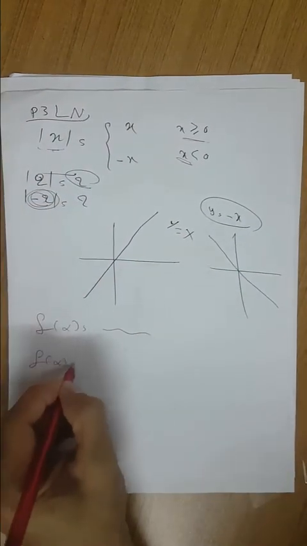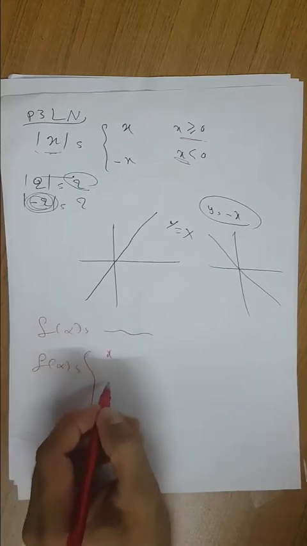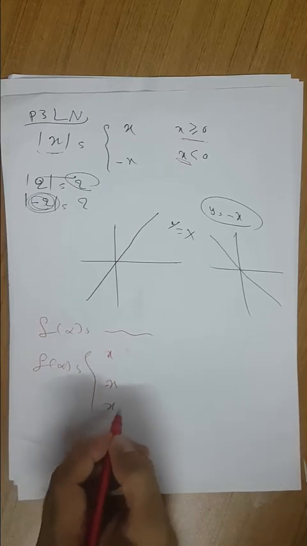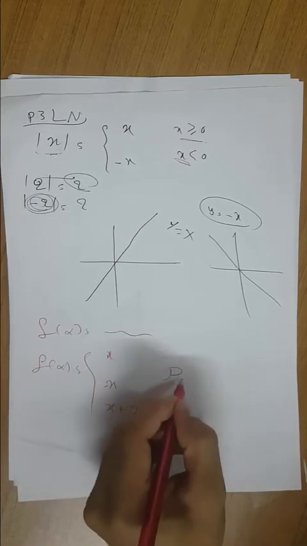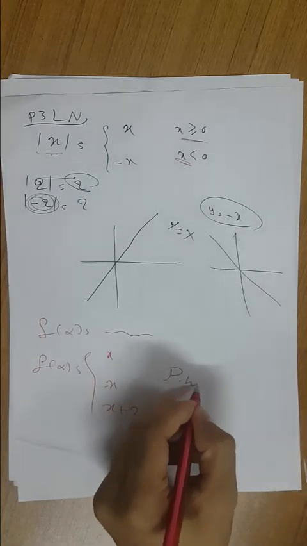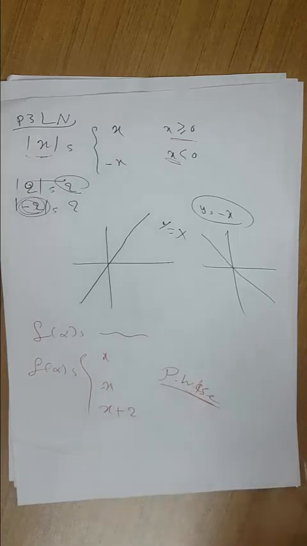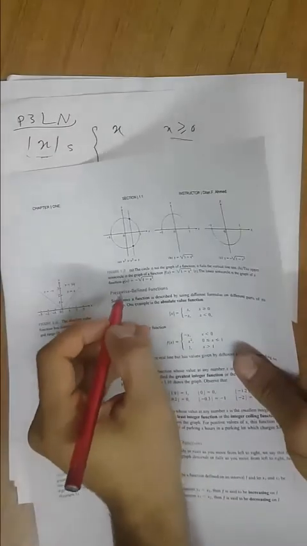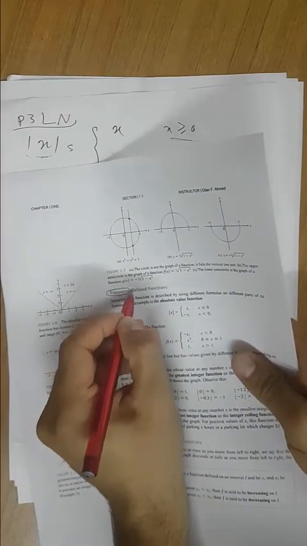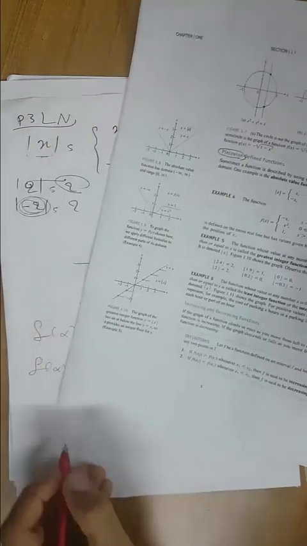But if f of x is equal to 2 or more parts, we call it a piecewise function. So if you have a piecewise function, here it is really together.